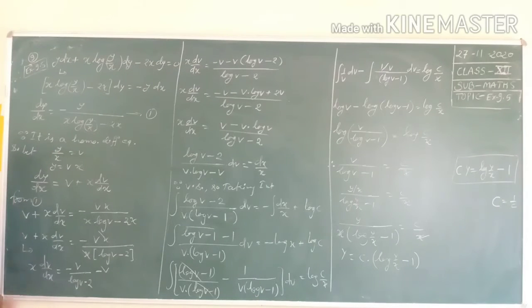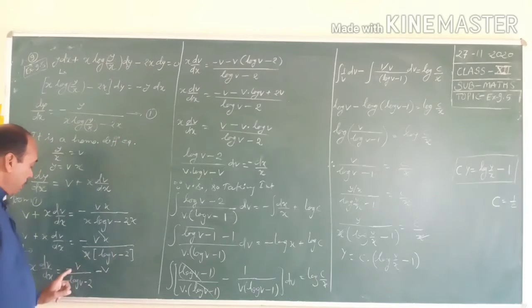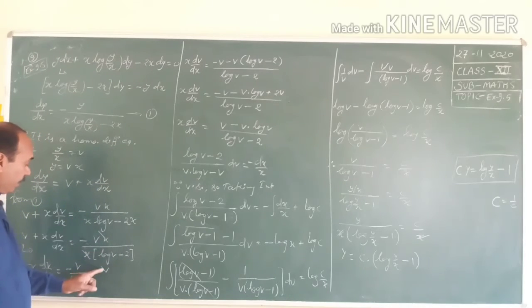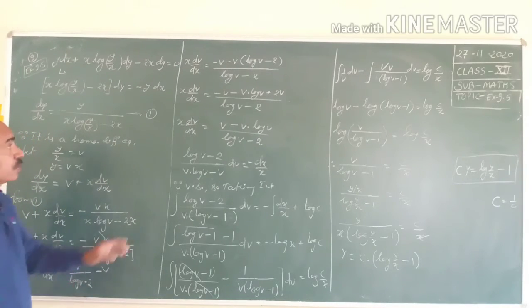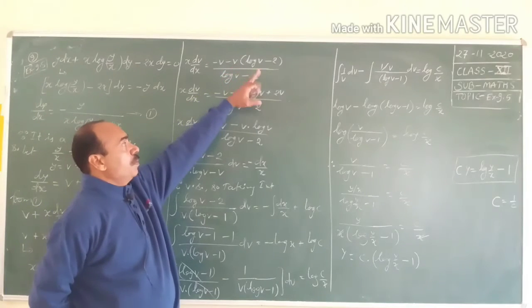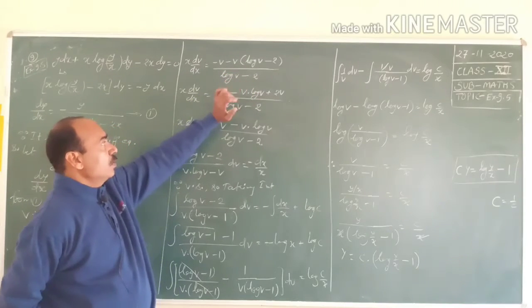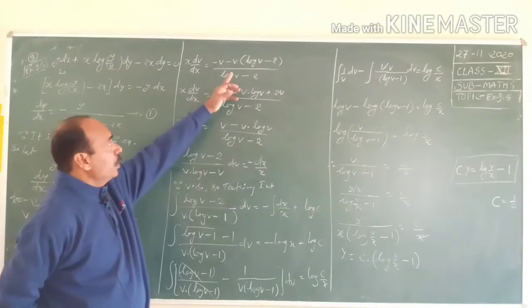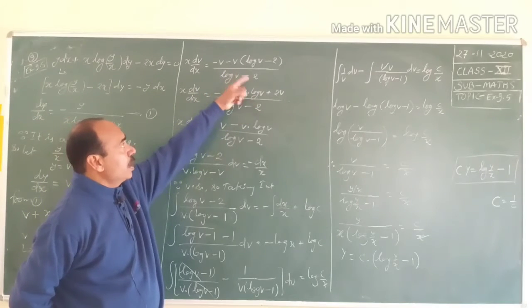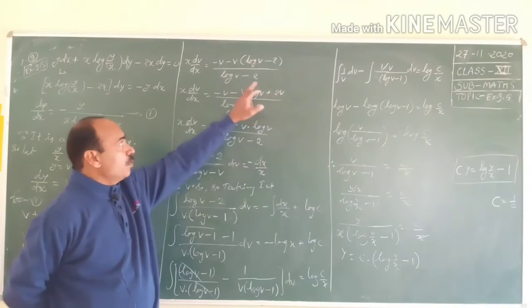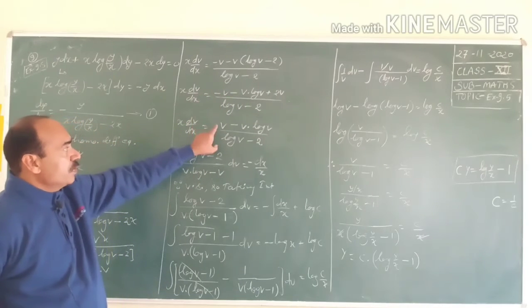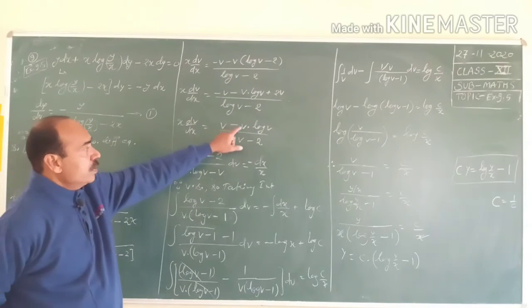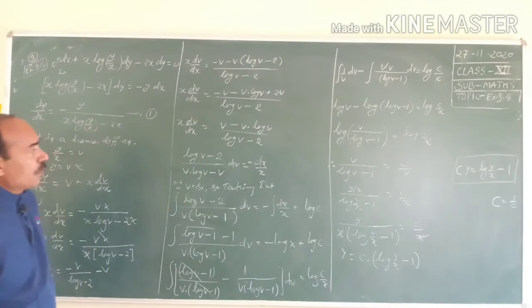So x dv/dx equals minus v minus v(log v minus 2), all over (log v minus 2). When we open the bracket, minus v log v and plus 2v and minus v, you will get only plus v, so it is (v minus v log v)/(log v minus 2).